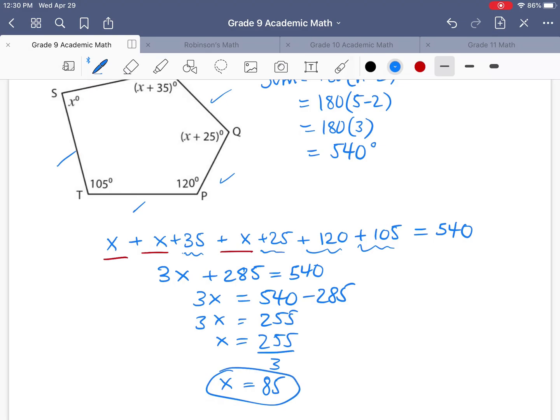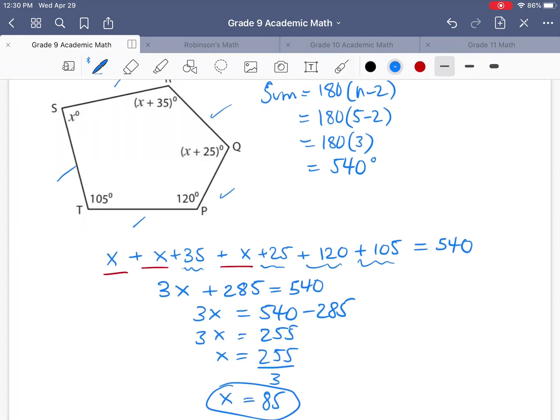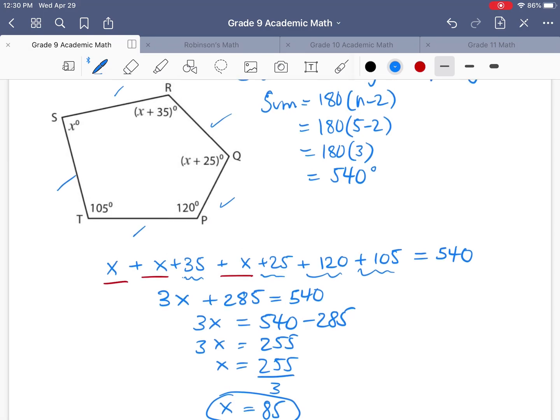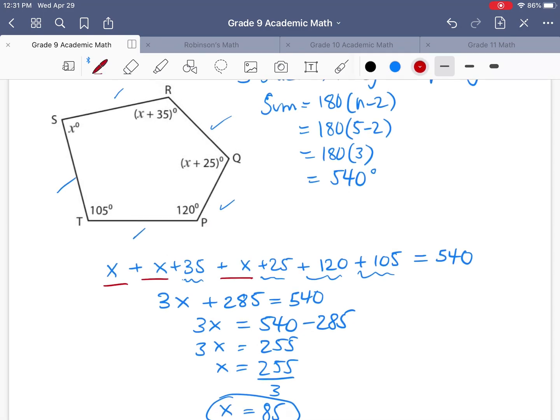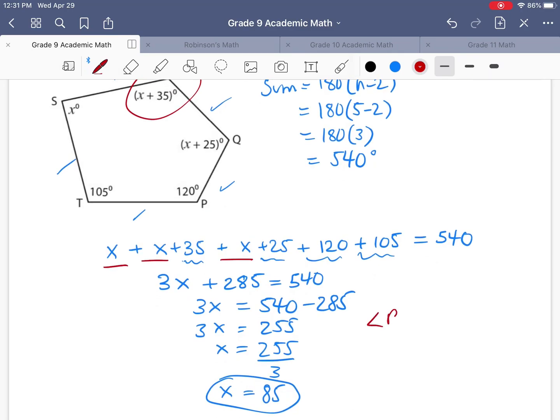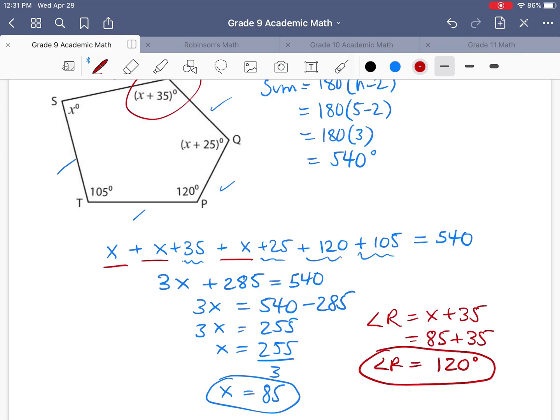This doesn't give us our angle, but it's going to help us find our angle. We are looking for angle R. So angle R is equal to x plus 35. Now we substitute in 85 for x, add it to 35, and we end up with angle R is equal to 120 degrees.